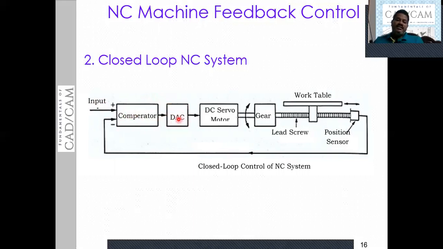In turn, this analog signal will be sent to the DC motor, then to the gearbox, and in turn this gearbox is going to give us the mechanical work and control the work table. This is the working principle of the closed loop NC system.